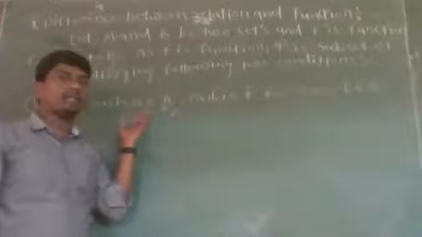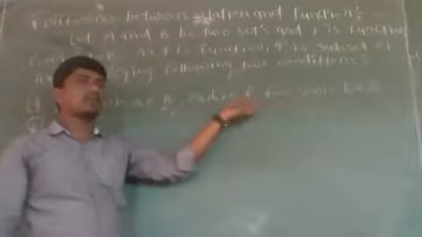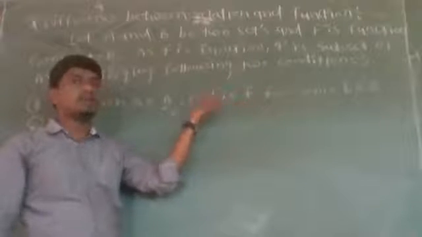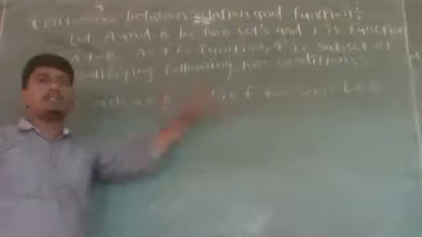This statement only states that each element in A has an image in set B. Now it remains to check the second one. From this we can't conclude that F is a function, since the definition of function states that each element in A has a unique image in B. Now we have to check the uniqueness.